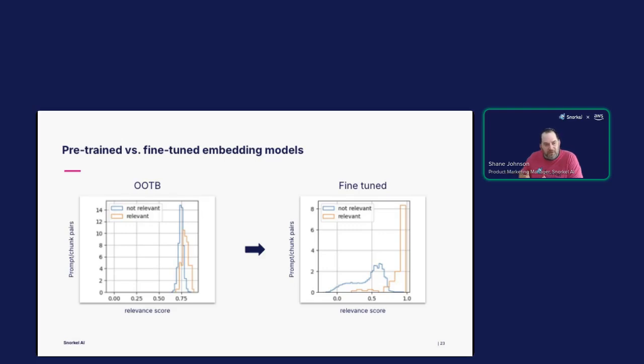There's too much overlap and it becomes difficult to separate them. By fine tuning the model on the right, you now see a very clear separation, right? If I set my threshold at 0.75, I'm pretty much guaranteed to get all relevant information and almost zero, in some cases, zero irrelevant information. That is what's going to be boosting the accuracy of the overall RAG pipeline, in retrieval in particular.